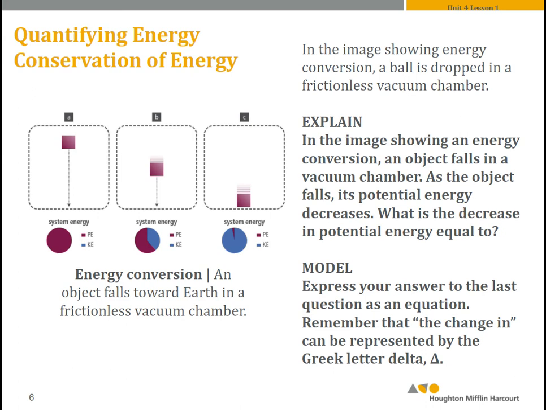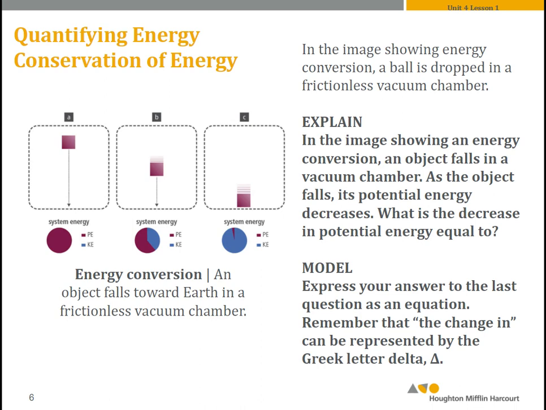When it hits the bottom, all of that potential energy will have converted to kinetic energy. And if it's a bouncing ball, then when it compresses and changes shape, some of that kinetic energy will be converted into thermal energy and elastic potential energy.